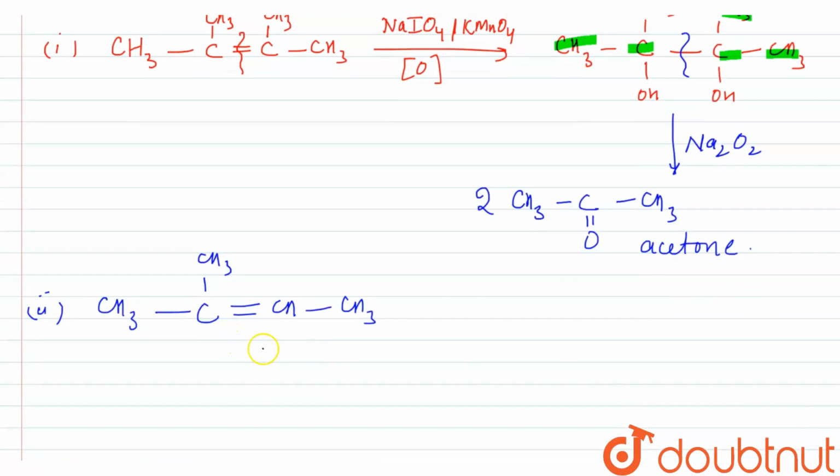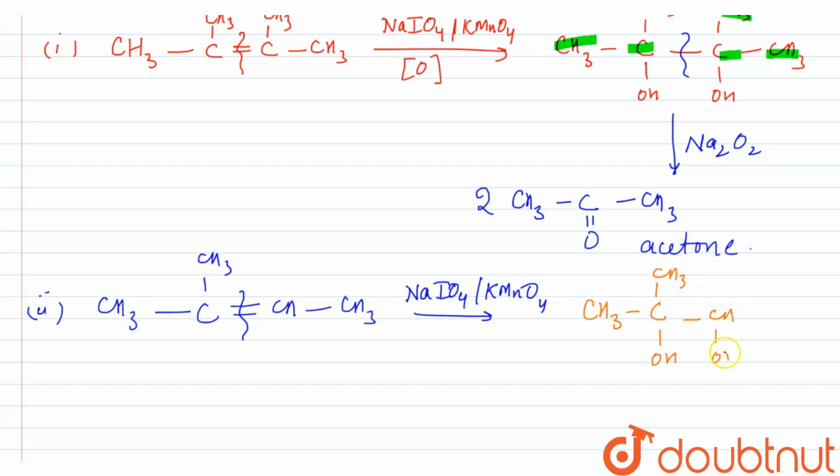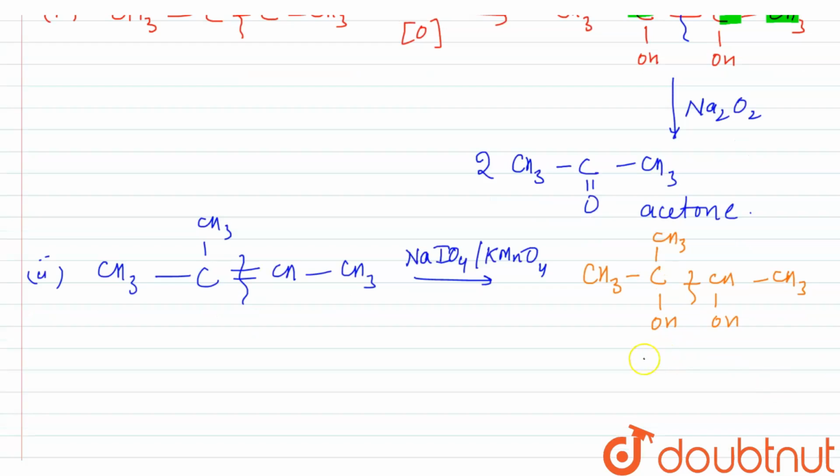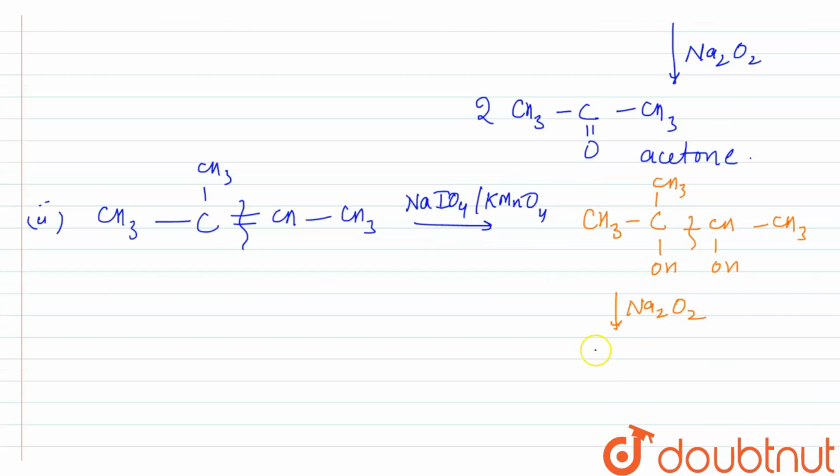If this undergoes oxidation in the presence of NaIO4 and KMnO4, this double bond will break, and the diol compound will be CH3, OH, CHOH and CH3. Again, this is a cis-diol, and again the bond will break by oxidative cleavage and 2 carbonyl compounds will be given in the presence of Na2O2.